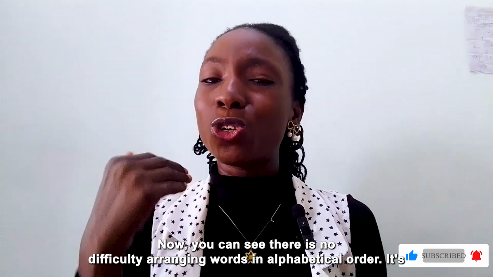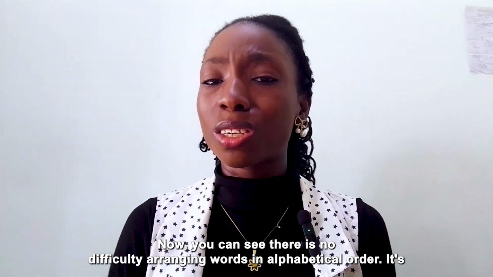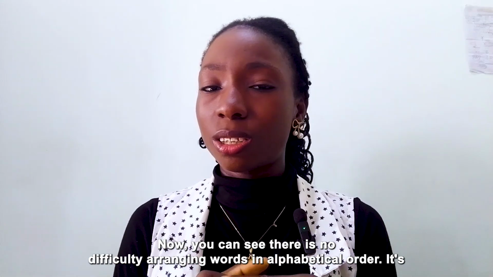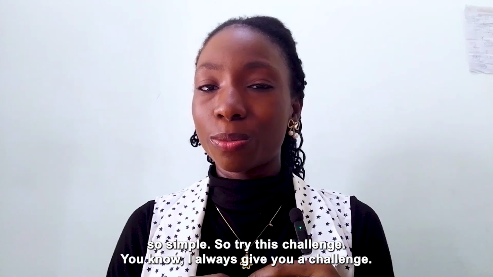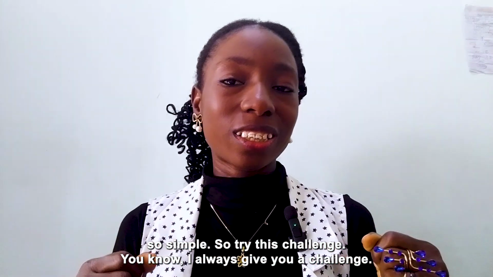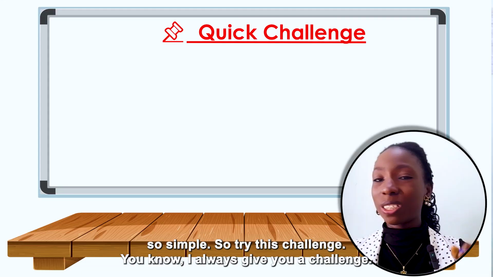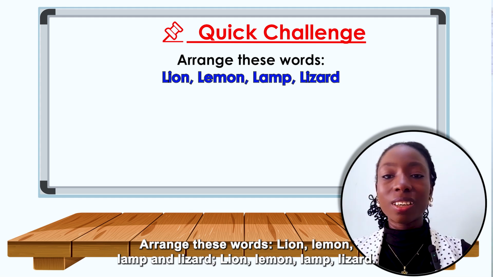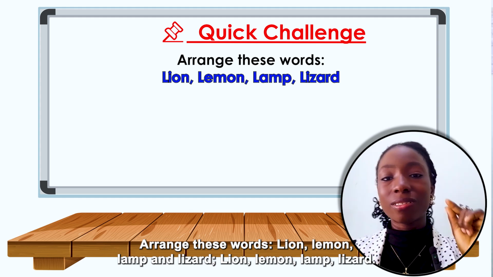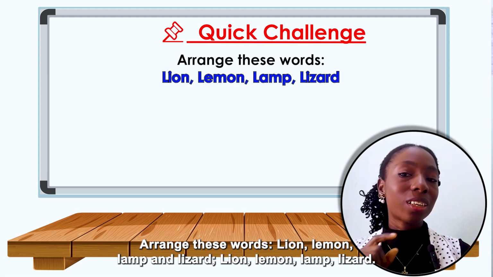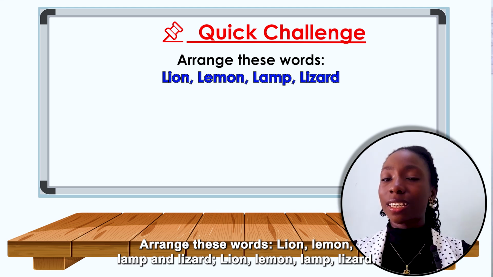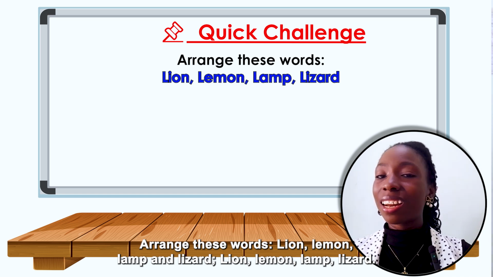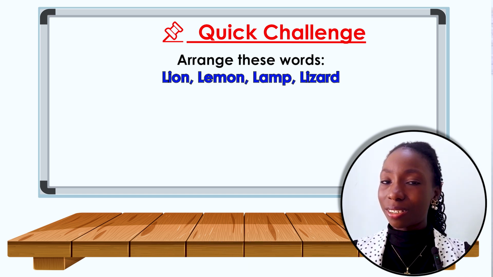Now, you can see there is no difficulty with arranging words in alphabetical order. It's so simple. So, try this challenge. You know I always give you a challenge. Arrange these words: lion, lemon, lamp, and lizard.